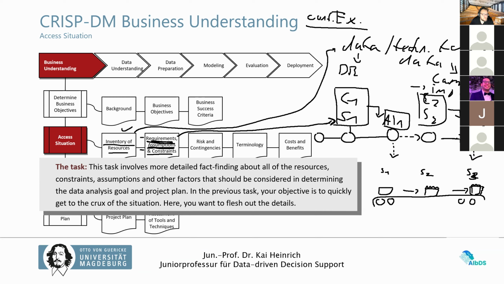Because we have the model in here, right? Model is here. We just made this assumption. The model is here and decides. Now, what is a requirement? What is a constraint?